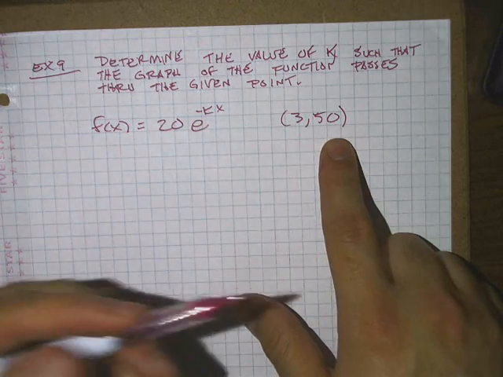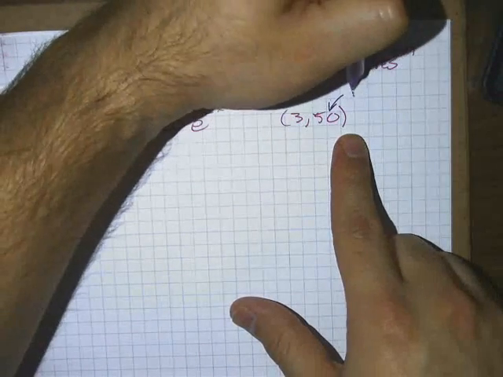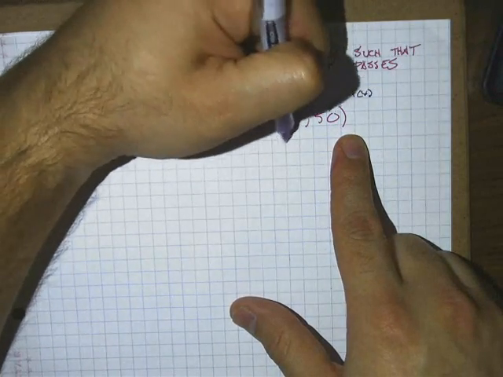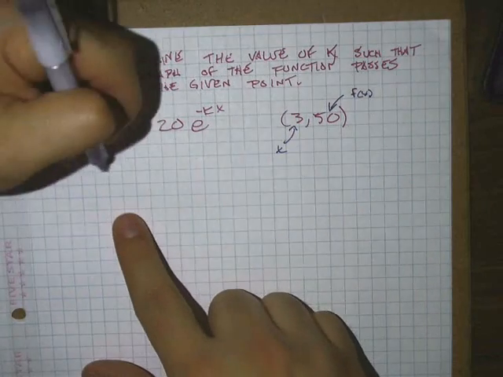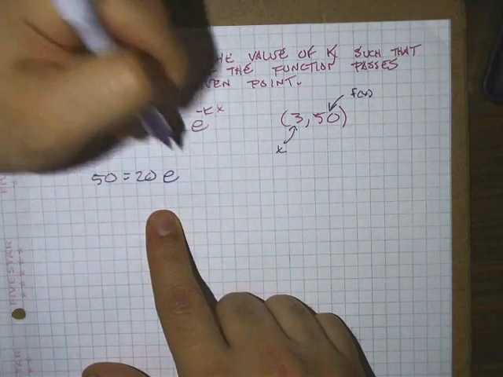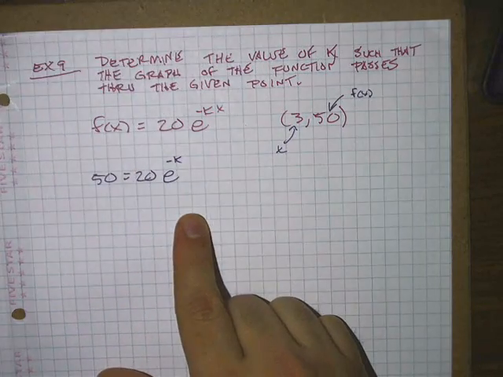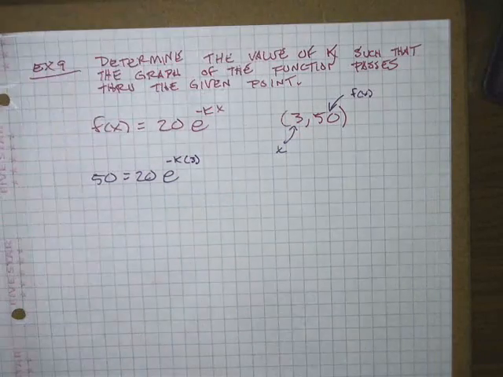So we're going to do the exact same thing. We know that this part, the y, is our f of x, and this part here is our x value. So I can go ahead and fill it in now. I'm going to say that 50 is equal to 20 e. I do not know what negative k is, but I do know that x is 3.